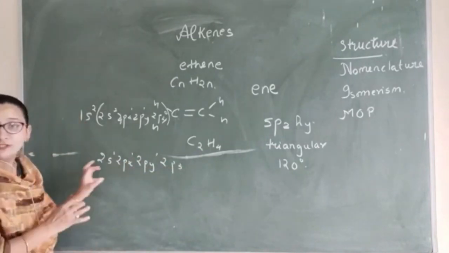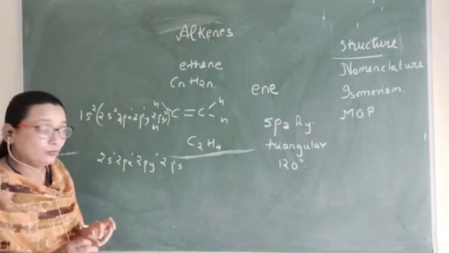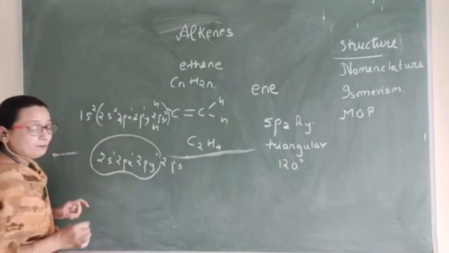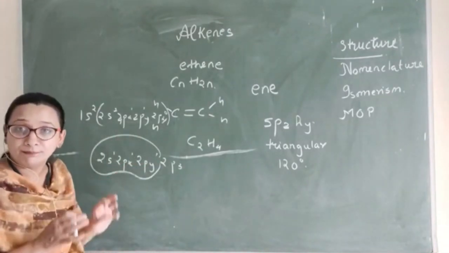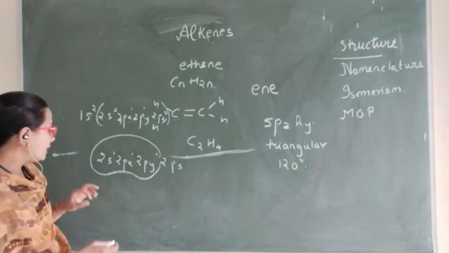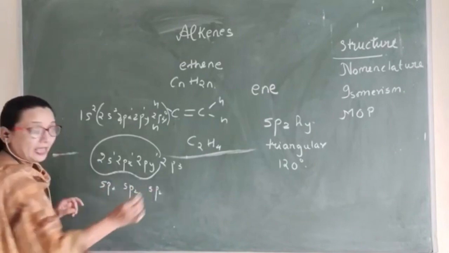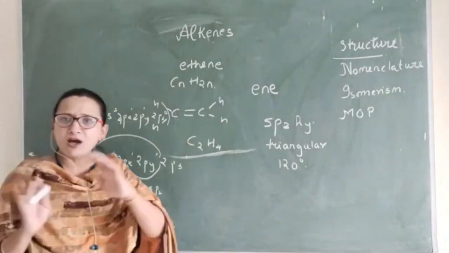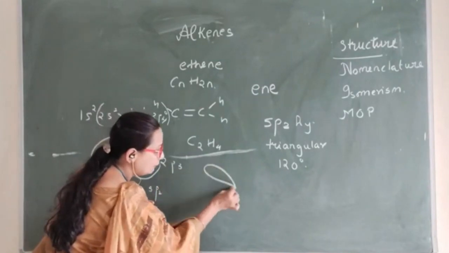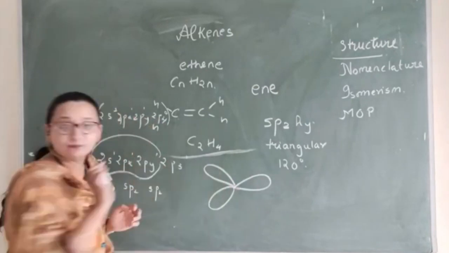We said that only the s and two p orbitals mix, merge and combine to give sp2 hybridization. Because there are three sp2 hybrid orbitals and they want to lie as far apart as possible in space, they are arranged like this: sp2, sp2, sp2.